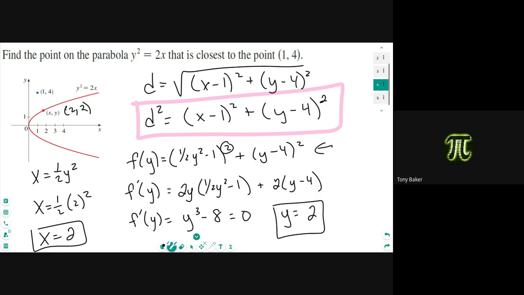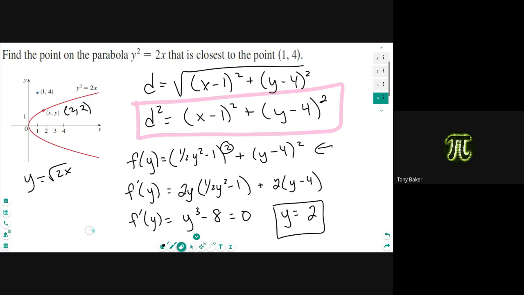It actually should come out the same way. Hold on. If you did it instead of this way as y equals the square root of 2x, okay, it's a little messier. But, so, hold on.